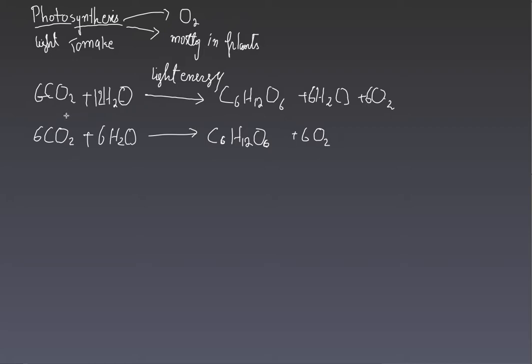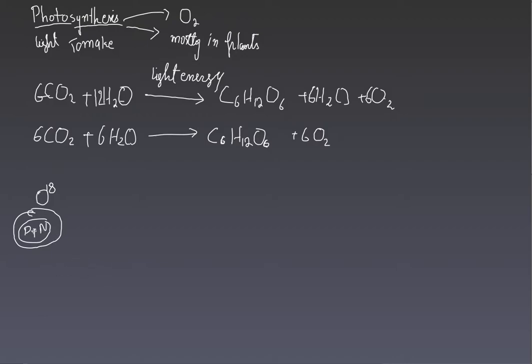What they did was take an isotope of oxygen, O18. An isotope is the same element but with a different number of neutrons. If you see the structure of an atom, it has protons and neutrons in the nucleus, and around the nucleus you have electrons going all around it.